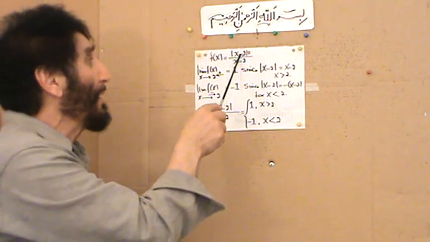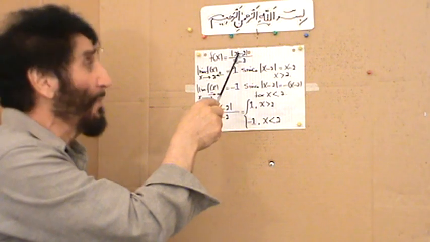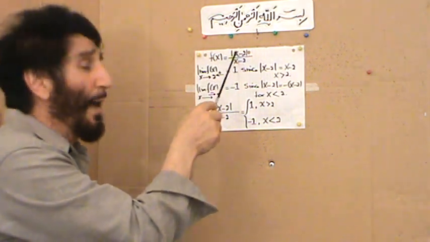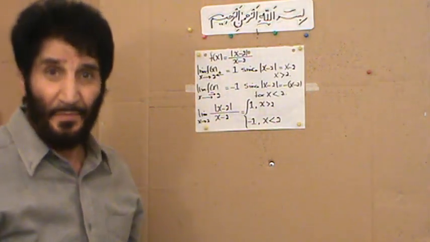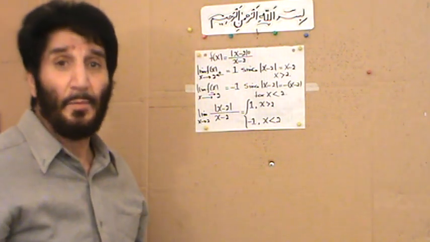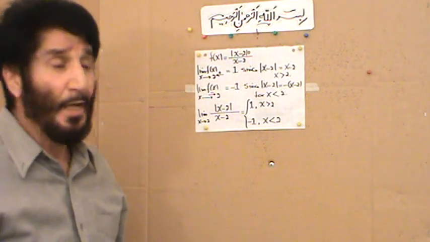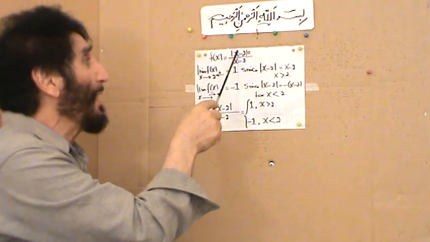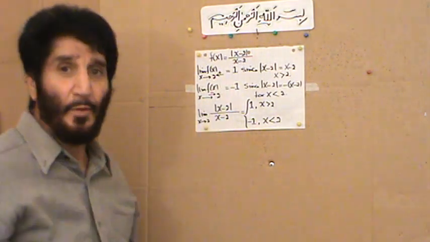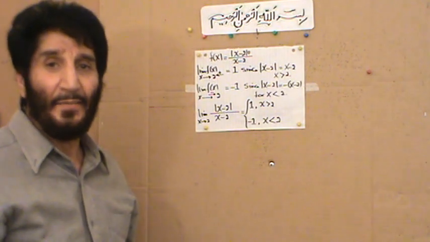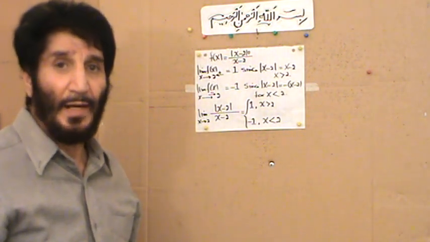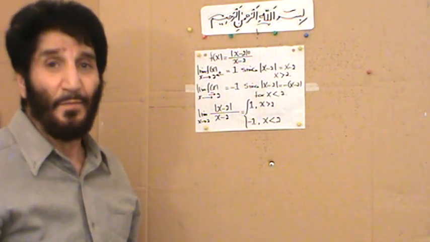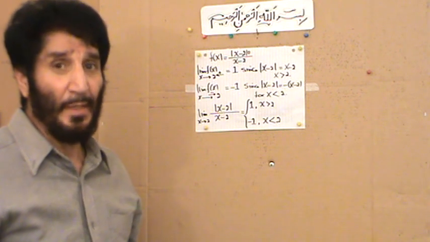So the numerator will be negative, and an absolute value cannot be negative. If it is negative, you multiply it by negative to make it positive. So you take it out of the absolute value as negative of x minus 2, over x minus 2, which is negative 1. That is one way to interpret it.